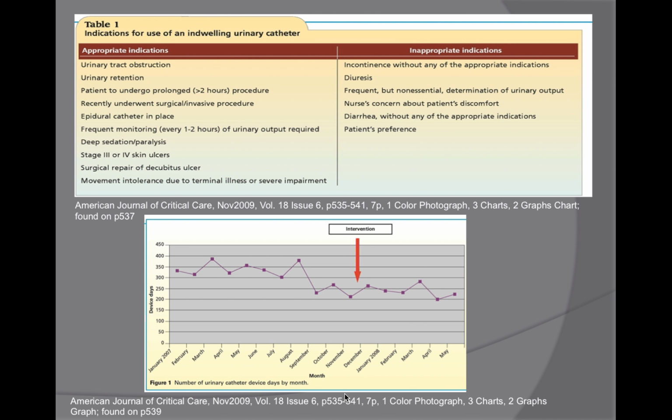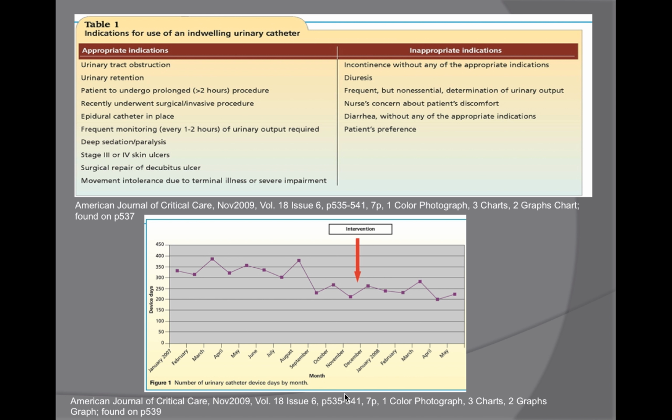Some inappropriate indications are incontinence without any of the appropriate indications. So, if the nurse decides that they're just going to keep the catheter in place because their client is incontinent and it's more convenient for them to have a urinary catheter for that client, that is one of the inappropriate indications.